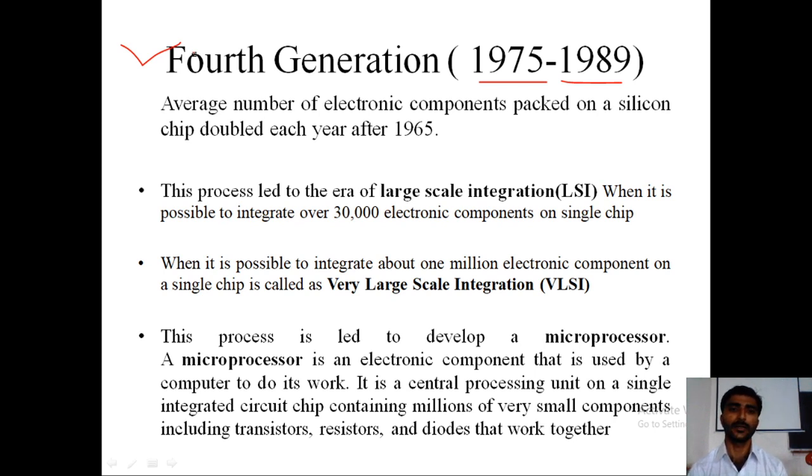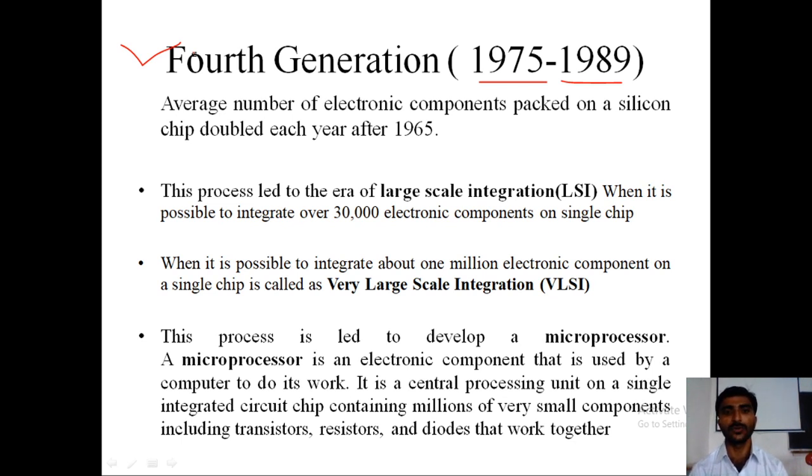In the fourth generation, the average number of electronic components packed on a silicon chip doubled each year after 1965. After the third generation, that doubled.